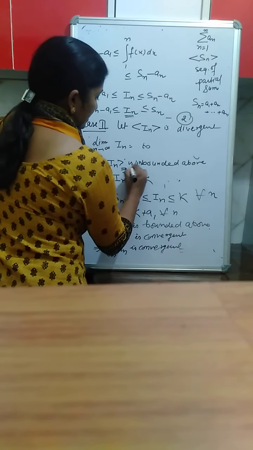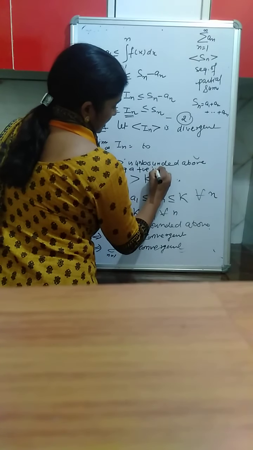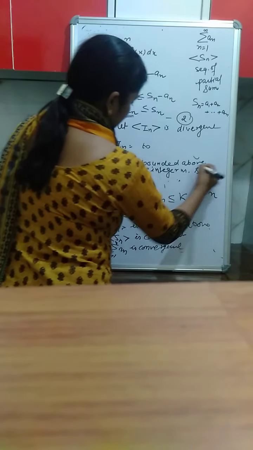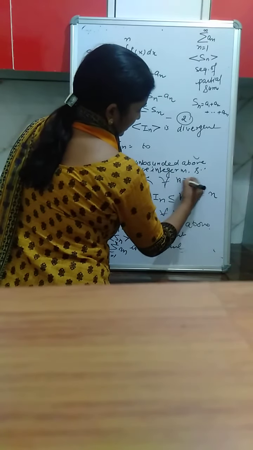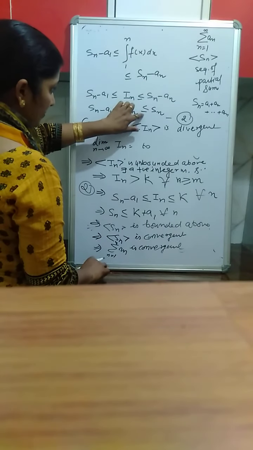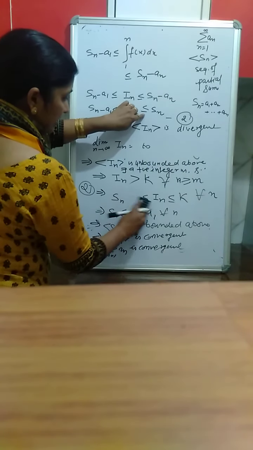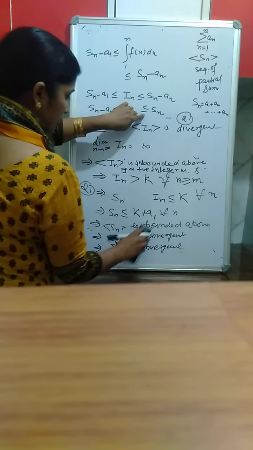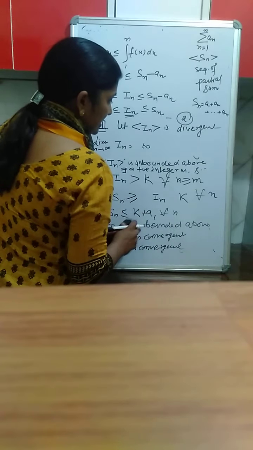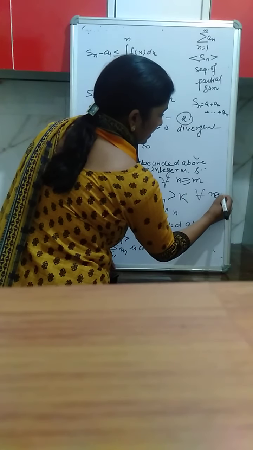It implies there exists a positive integer m such that In is greater than k for all n greater than or equal to m. But this implies, from this part of the inequality of equation number 2, Sn is greater than or equal to In, and In is greater than k for all n greater than or equal to m.